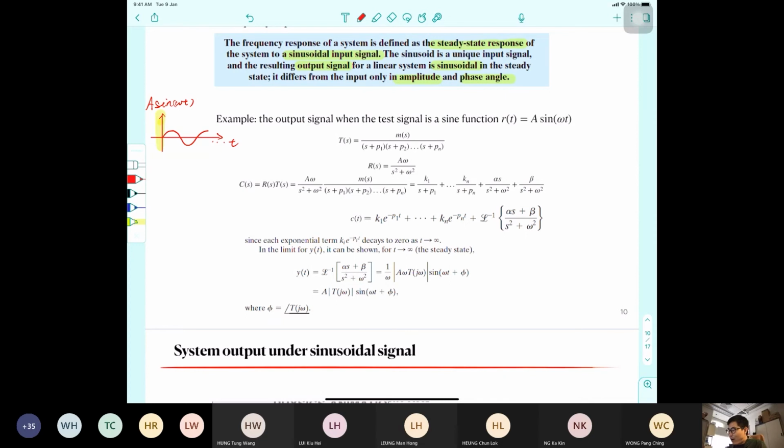So for a sine function, we can know some specifications. What is the amplitude? We call A the amplitude of a sine function.